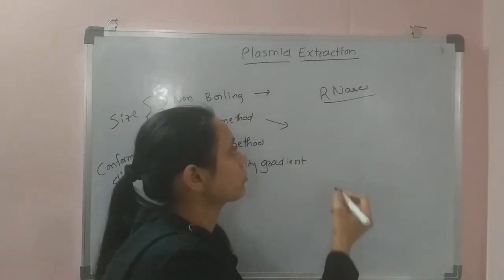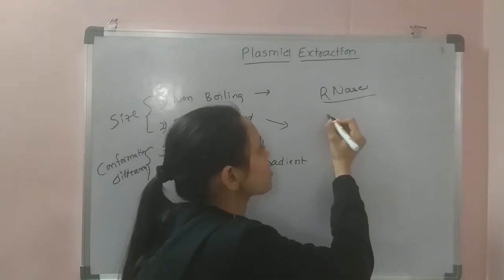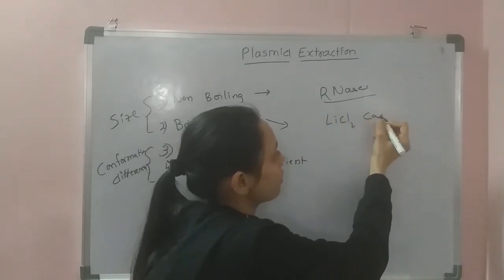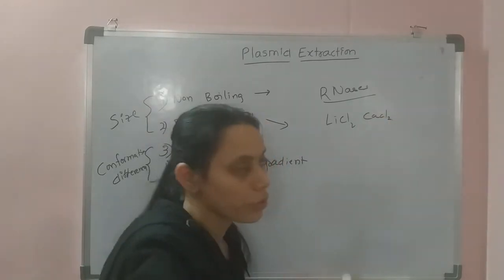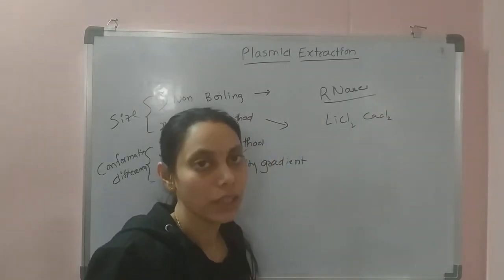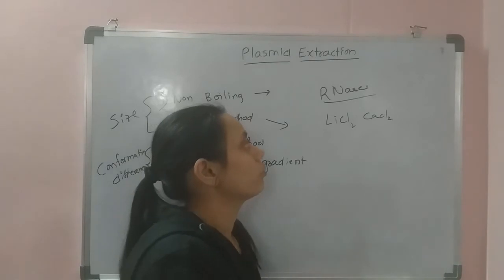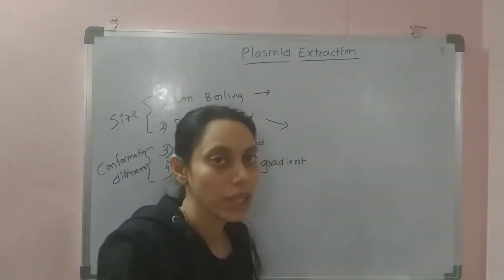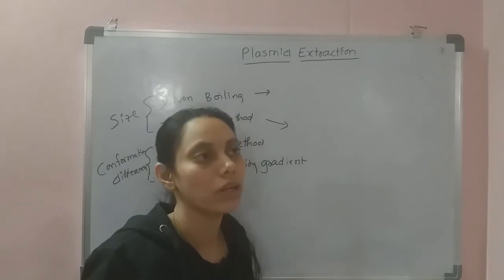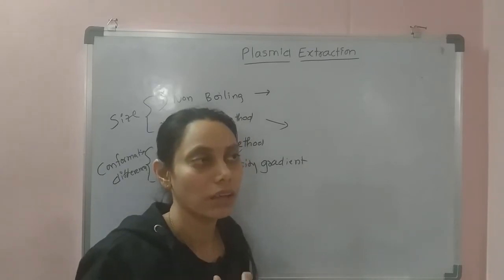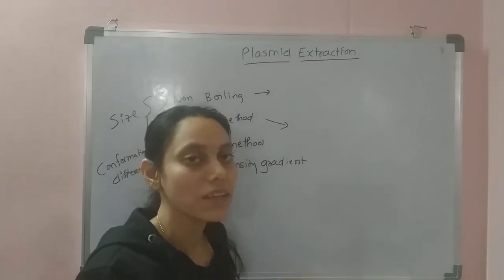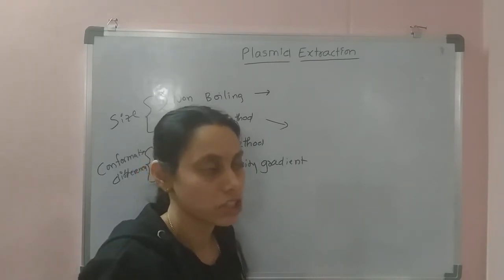We can also add salts like lithium chloride and calcium chloride to improve the purity of the DNA. By these two methods we can improve the quality of the DNA, but we cannot get 100% purity of the plasmid by these size based isolation methods.